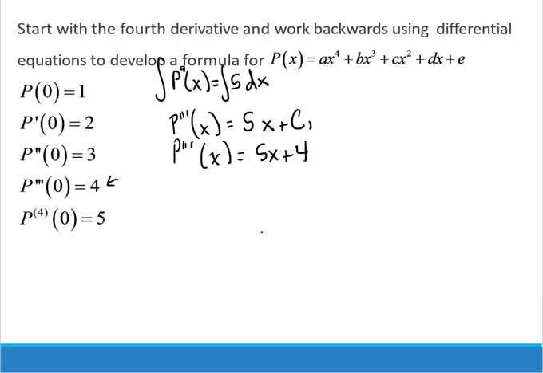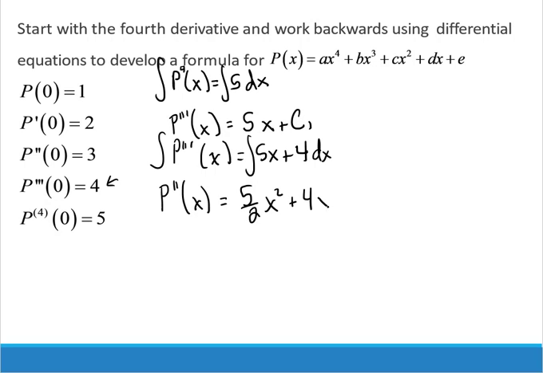Now, integrating this with respect to x, and thinking about it as going backwards, I get my second derivative is equal to 5/2 x squared plus 4x plus another constant, which I'm going to call c sub 2.